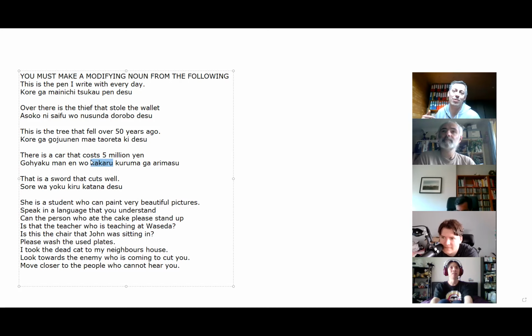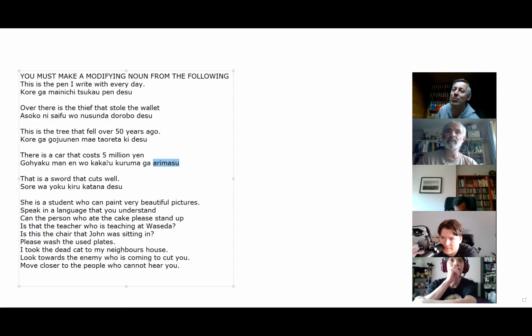This is why you use kakaru to mean to cost or consume. In my head, I used aru as there exists a car that is worth 5 million, because I used aru as the translation for to exist. My question was if I can use aru and iru as modifiers of the noun.